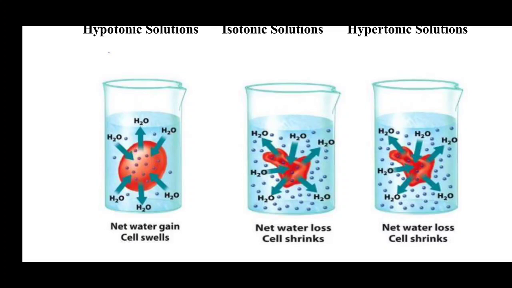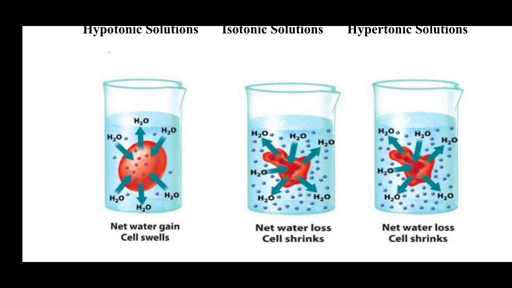Next is hypertonic solution. Hypertonic solution means the solution in which the concentration of solvent is more, meaning the concentration of water inside the cell is more. So when the cell is kept in a hypertonic solution, the water inside the cell will move to the outer region. Inside the cell the water concentration is more, outside the cell the water concentration is less.